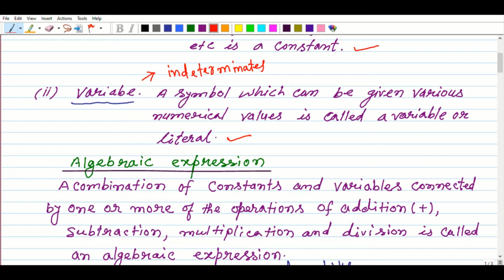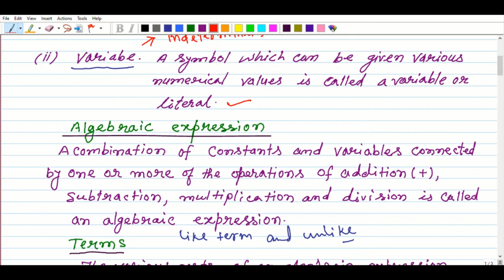And you know very well, these four things are known as the four basic fundamental operations in mathematics, and mathematics revolves around these four basic fundamental operations. Now, a combination of variables and constants joined with addition, subtraction, multiplication is called an algebraic expression.